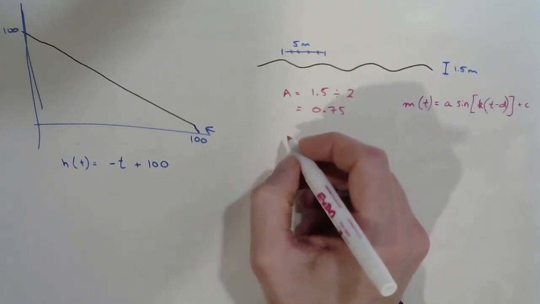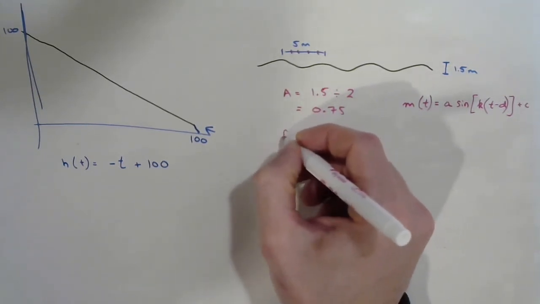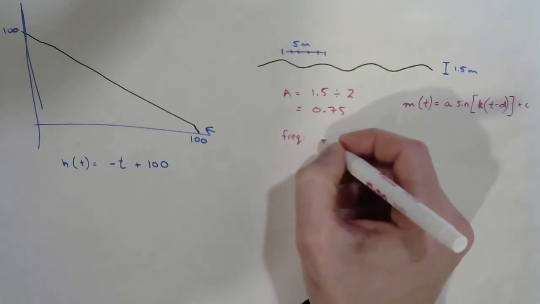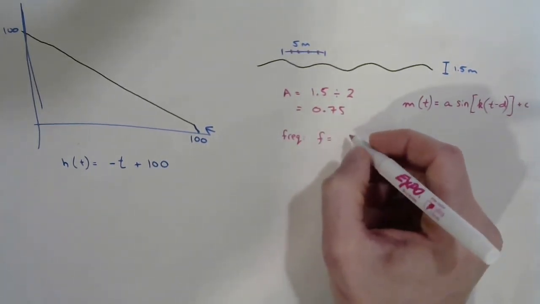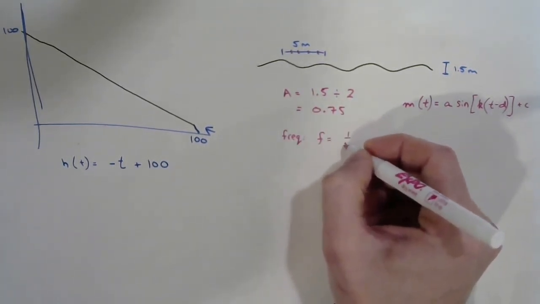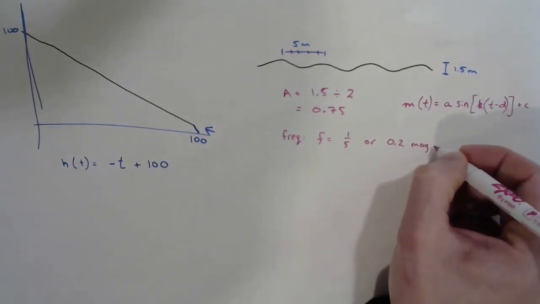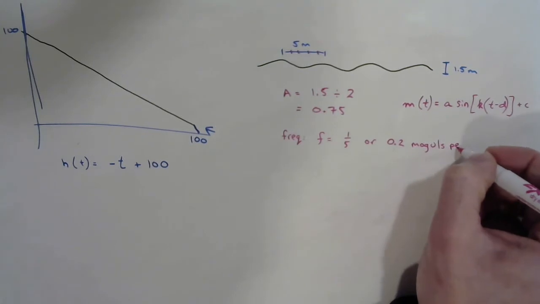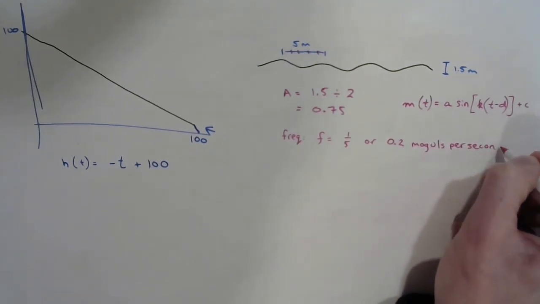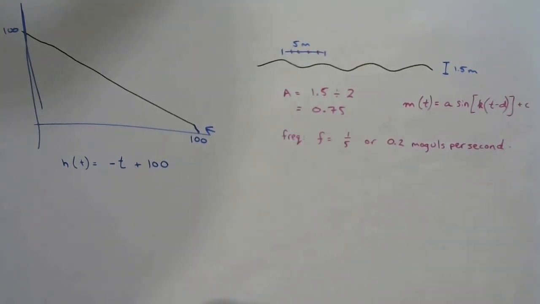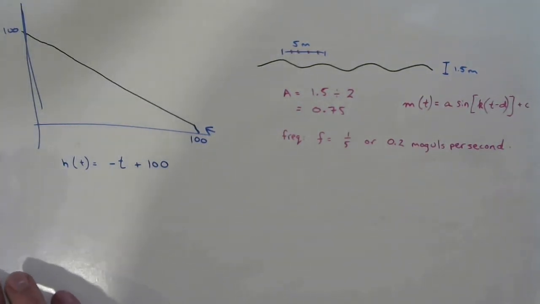That tells us that our frequency F equals 1/5, or 0.2 moguls per second. We're going to sub those values into the function for frequency that we have.